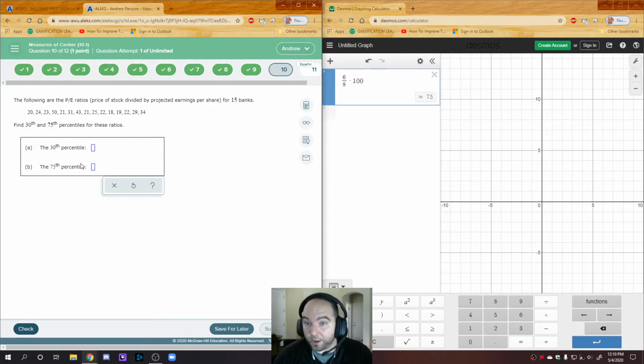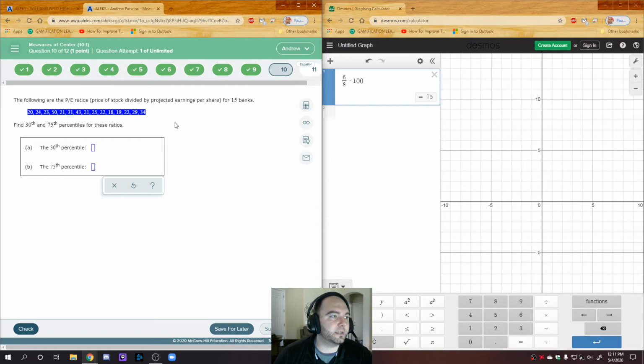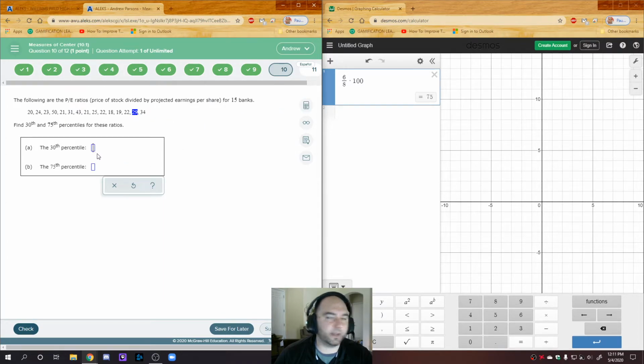Okay, numbers, right? If you were to line these numbers up, oh, look, the calculator is doing something. If you were to line these numbers up, calculator, leave me alone. I don't want it. Okay, if you line these numbers up, which number is better than 30% of the other numbers? Like it's higher than 30% of the other numbers.